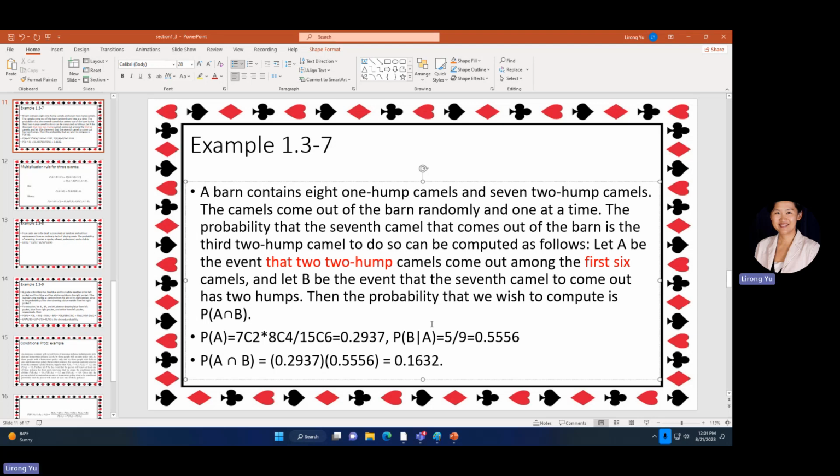I think the final number was right, and that one was wrong. That one should be 4 because we are talking about the total number of camels being 6, with the two-hump camels being 2 and one-hump camels being 4. This can be double checked.